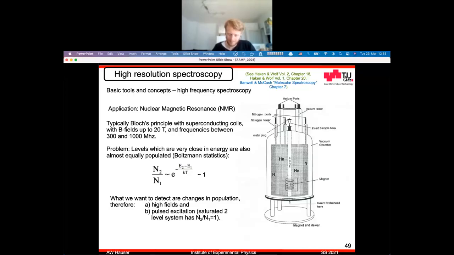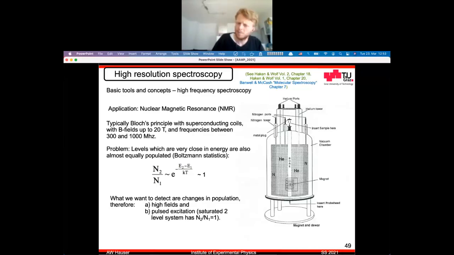And this is unfortunately approximately 1 for the energy ranges that we are dealing with here, where we have energy differences, as I said, in the range of gigahertz. So here we have to really try to get our B field as large as possible. And how are we going to change population now? We're going to use this high field strength, and we will do it in a pulsed excitation.